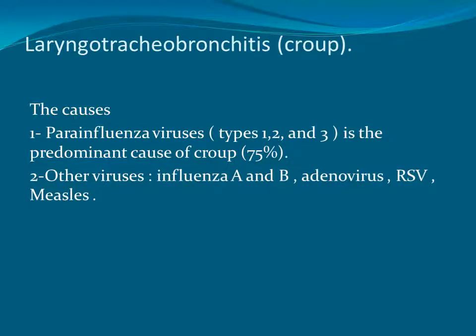Other causes are influenza A and B virus, adenovirus, respiratory syncytial virus, and sometimes measles. Mycoplasma pneumoniae is a bacterium that can cause croup; it is the only bacterial cause of croup.